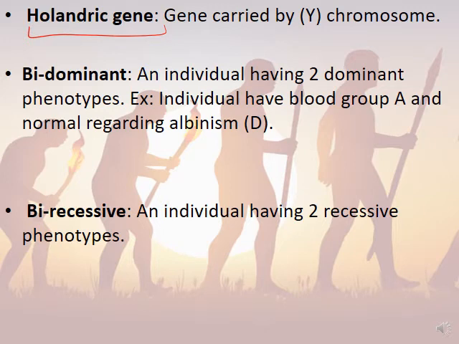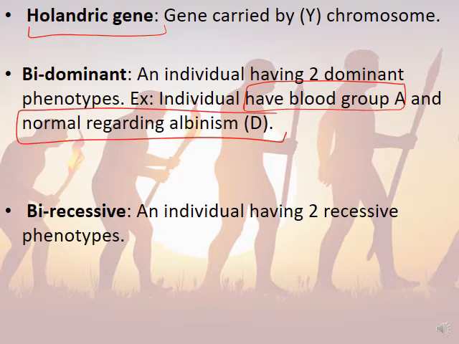Example, an individual having blood group A, which is dominant, and normal regarding albinism, so having the allele D. So it has two dominant phenotypes for the blood group and for albinism. So here we talk about the bidominant, whereas birecessive has two recessive phenotypes. For example, blood group O and the one coding for albinism, so it's called birecessive.